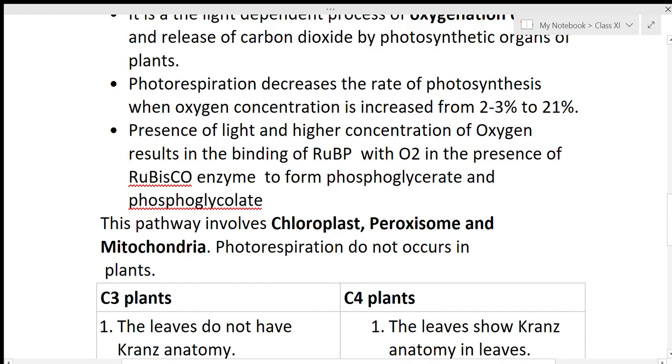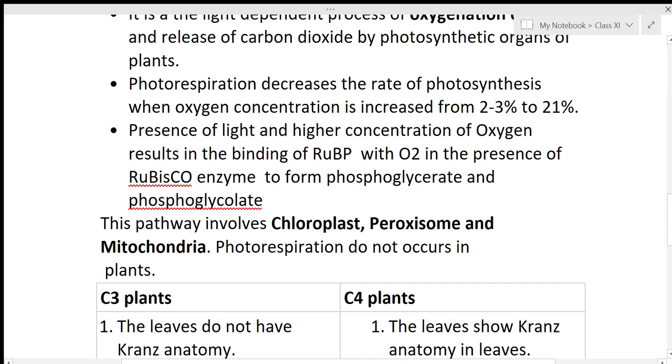Presence of light and higher concentration of oxygen result in binding of RuBP with oxygen in the presence of Rubisco enzyme. तो O2 and CO2 दोनों है. If the O2 concentration is high, at that time this RuBP will combine with O2 in the presence of Rubisco enzyme and two compounds will be formed, phosphoglycerate and phosphoglycolate.